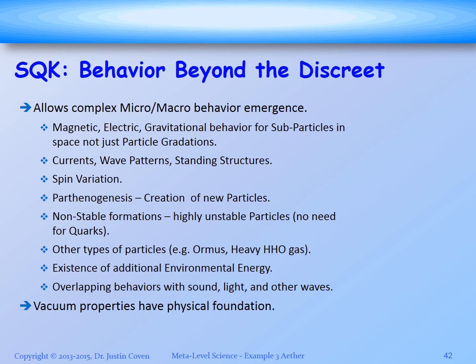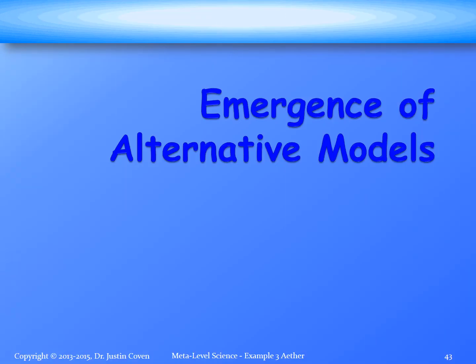And at this level of maturity we now have in science and the tools that we're working with, we want to take advantage of the computational tools and start looking at the intermediary behaviors and fostering models to have intermediary behaviors. Emergence of alternative models.